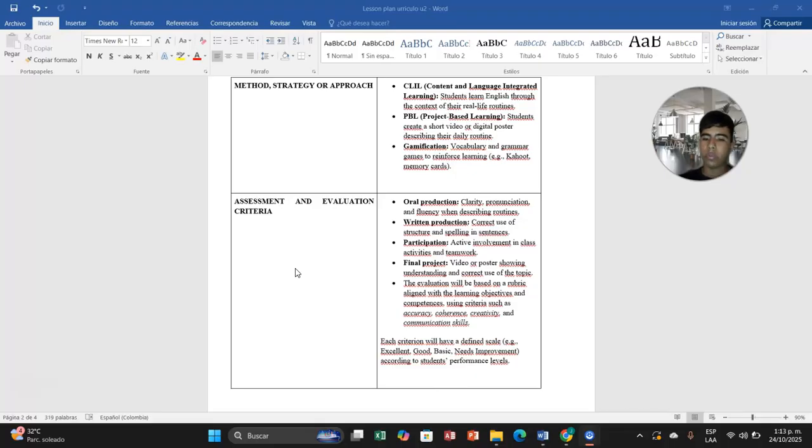And the evaluation will be based on a rubric aligned with the learning objectives and competences using criteria such as accuracy, coherence, creativity, and communication skills. Each criterion will have a defined scale, like excellent, good, basic, maybe needs improvement, according to students' performance levels.